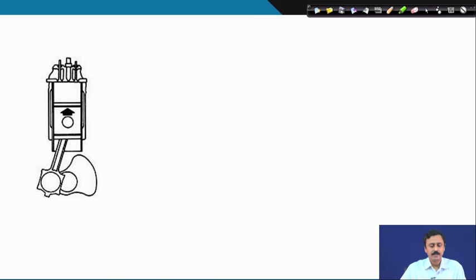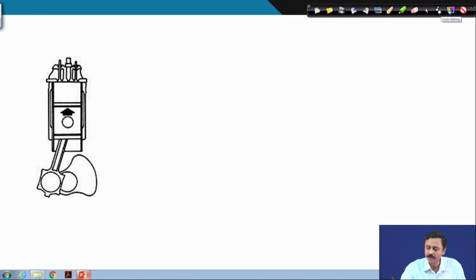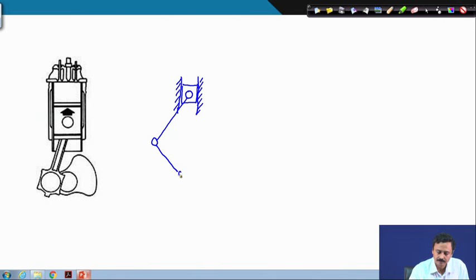This is an IC engine. Let me start by drawing the kinematic diagram of this. So, this is the coupling link, the crank, this is the ground.